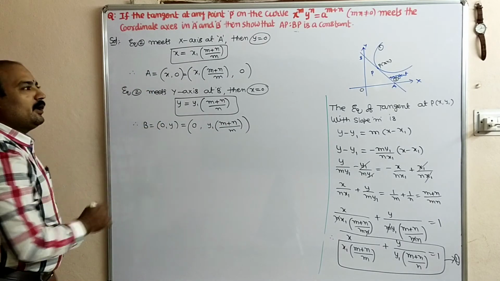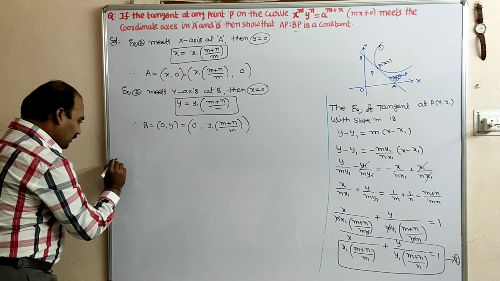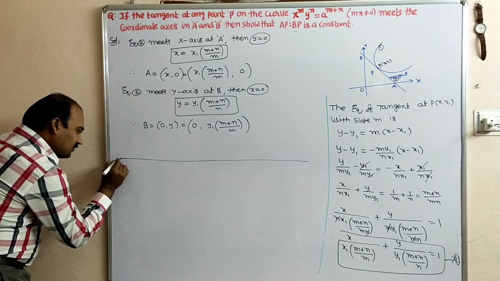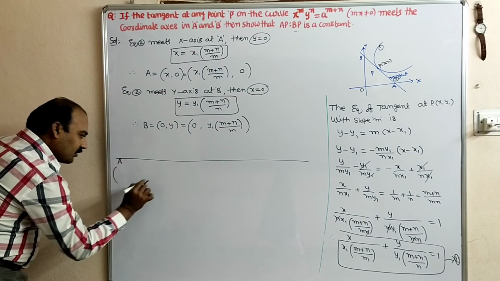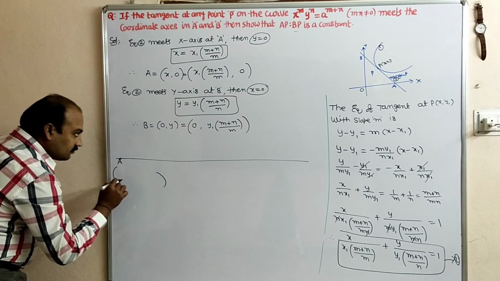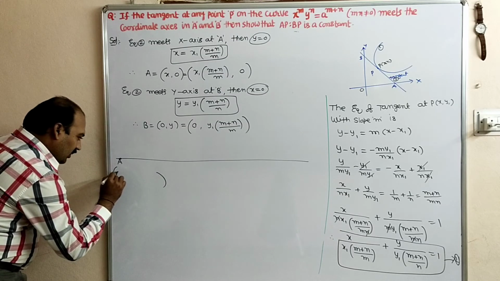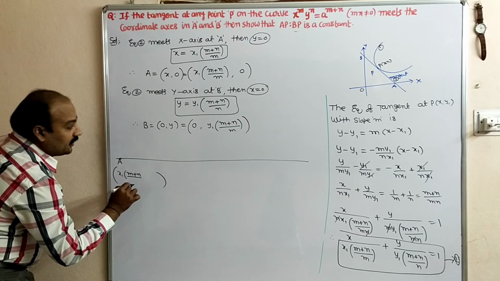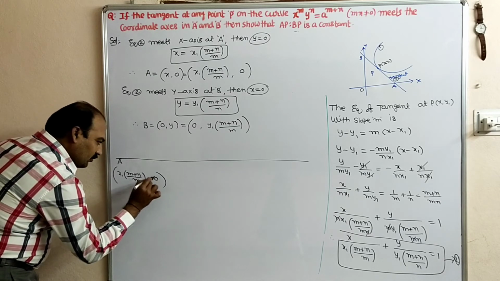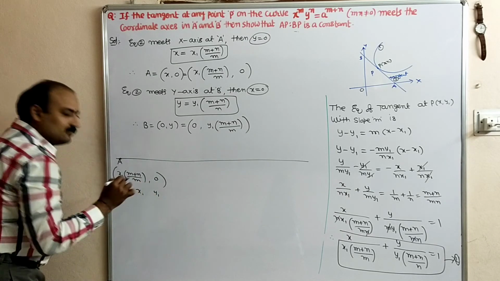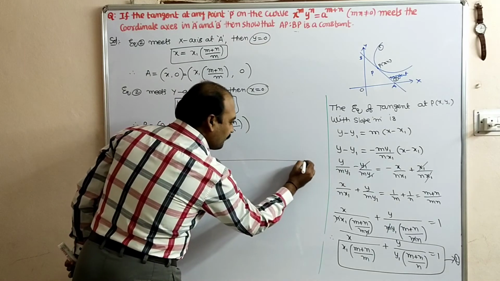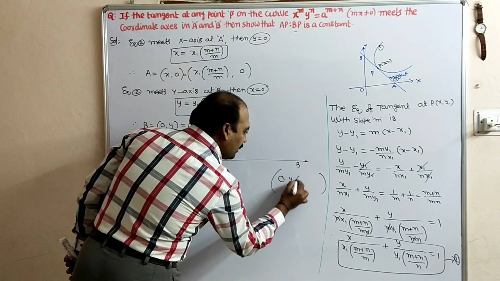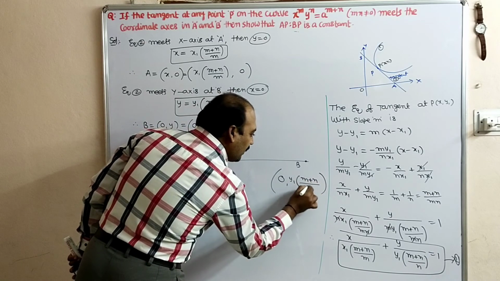After getting the A and B points, now come to the question. This is point A: x1 into (m plus n) divided by m comma 0. This is x1, y1, and B of 0 comma y1 into (m plus n) divided by n.